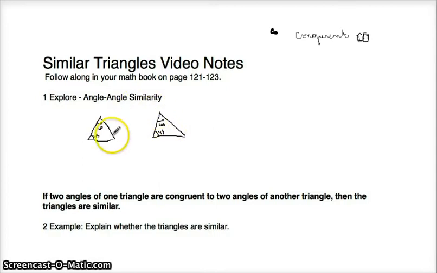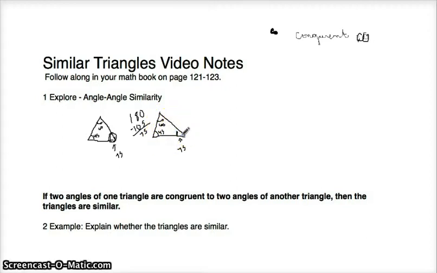That just means they want us to find this angle. 45 plus 60 is 105. There's 180 degrees in a triangle, so 180 take away 105 gives me 75. So I know that this third angle is going to be 75 degrees, and that's going to be the same for both triangles because they both had angles of 45 and 60.